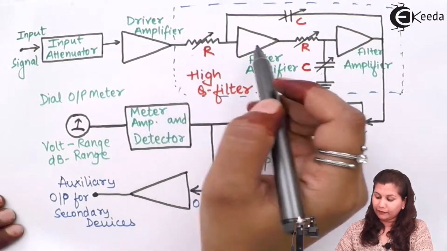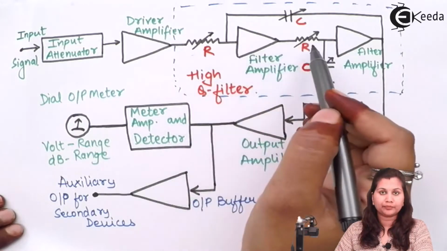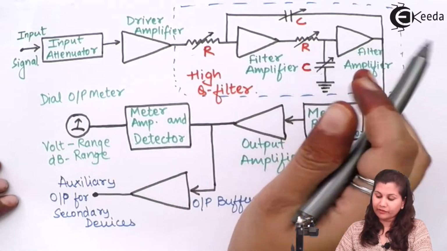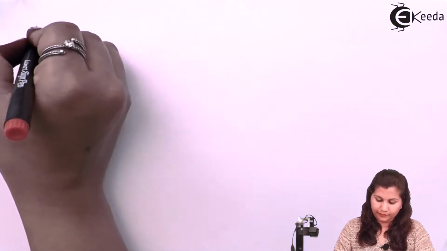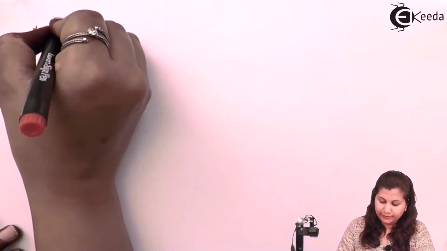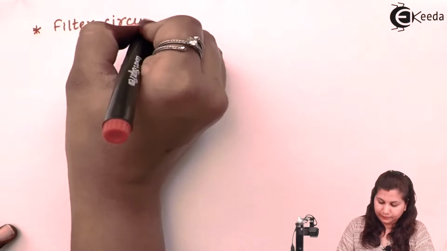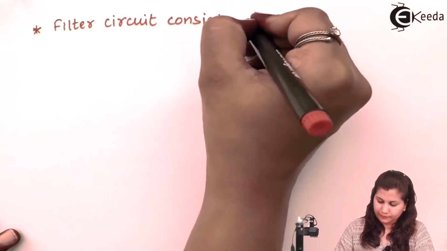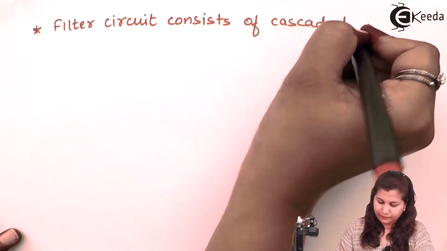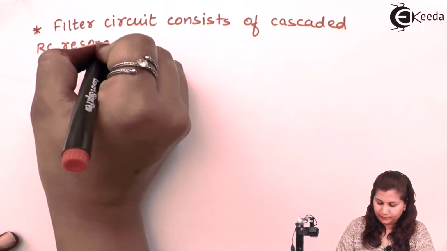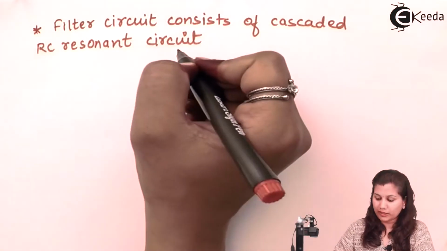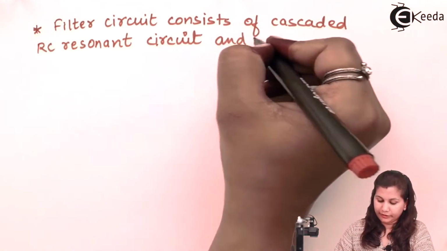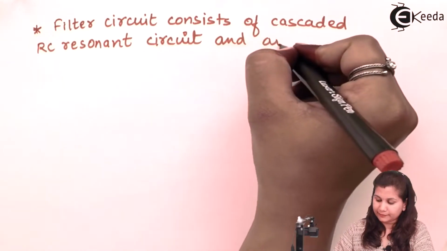Two RC circuits are cascaded in series with each other. So this filter circuit consists of cascaded RC resonance circuits and the filter amplifiers.